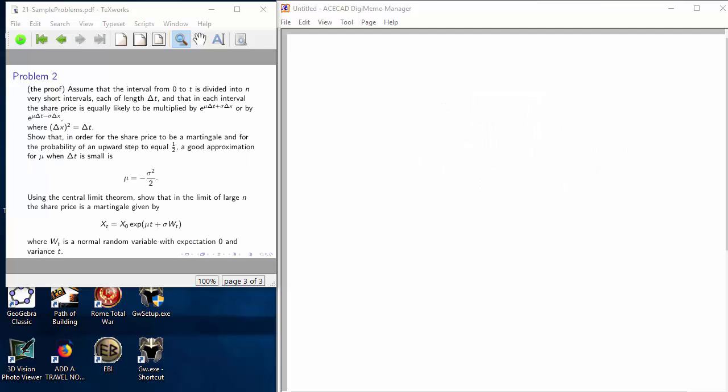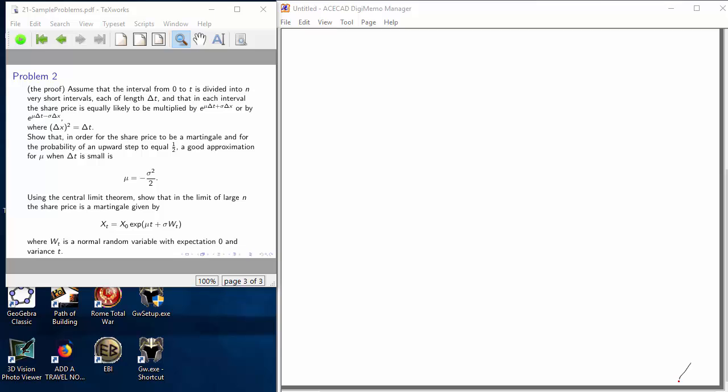Now for the proof, which is the most simplified version imaginable of the binomial model for share pricing. I'm going to take the interval from 0 up to time t. I'm going to divide it up into n equal subintervals, each of which has length that I'll call delta t, t over n.